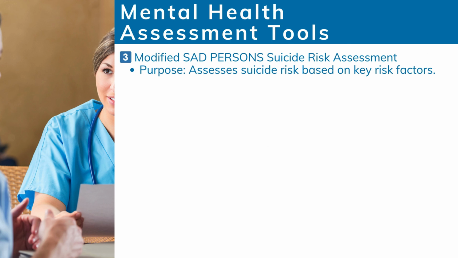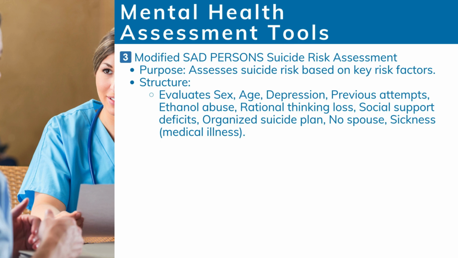The Modified SAD PERSONS suicide risk assessment is used to assess suicide risk based on key factors. This evaluates sex, age, depression, previous attempts, ethanol abuse, rational thinking loss, social support deficits, organized suicide plan, no spouse, sickness or medical illness.